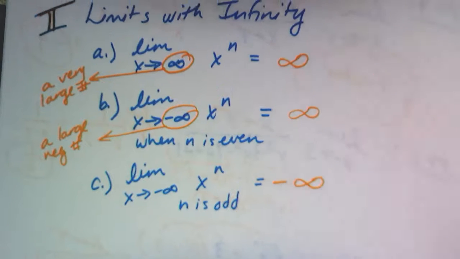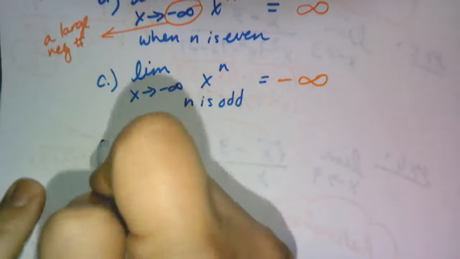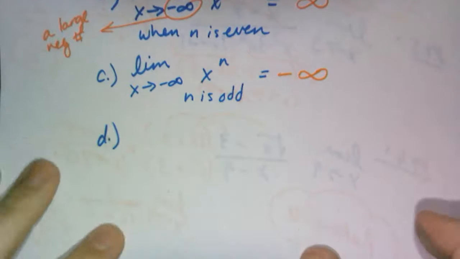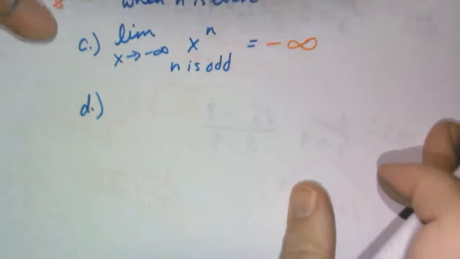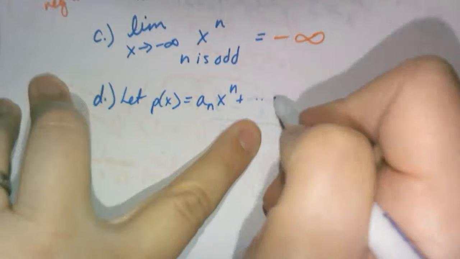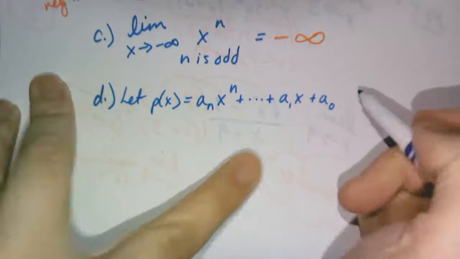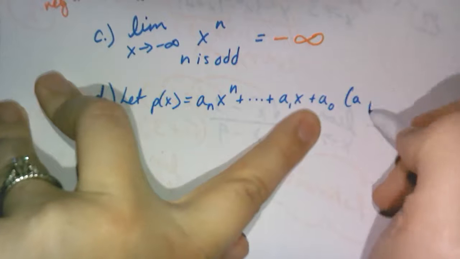All right. Now that you've gotten that, do not freak out by this little property that you're about to see. Write it down, and then I will explain it with an example. Let P of x equal a sub n x to the n plus dot dot dot plus a sub 1 x plus a sub 0, a polynomial.